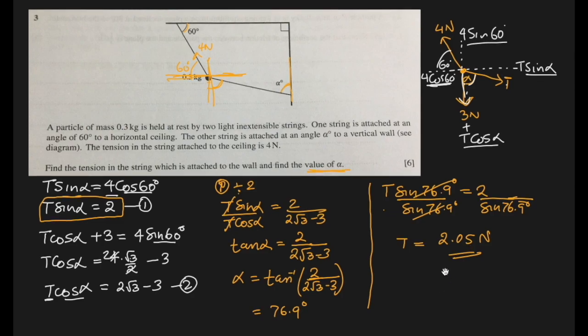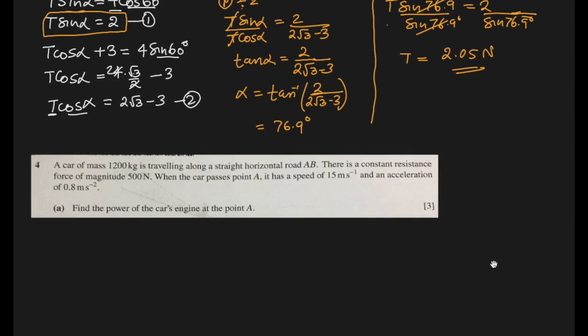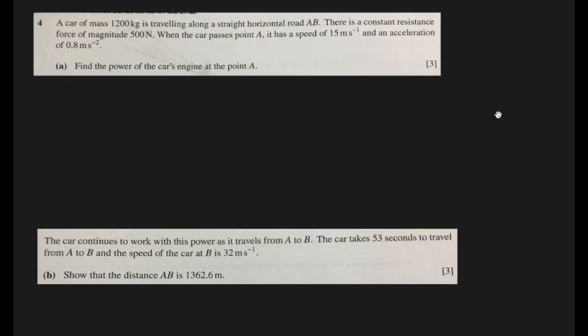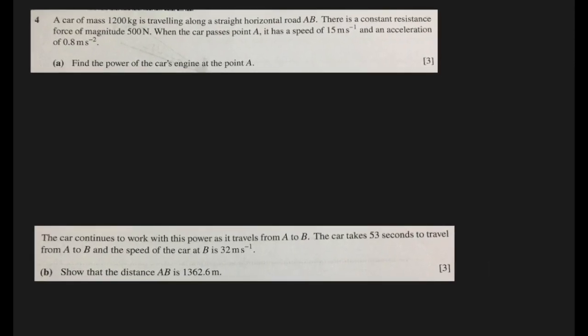All right, move on to question number 4. A car of mass 1200 kg is traveling along a straight horizontal road AB again. They have similar situations. A, B. There is a constant resistance force of magnitude 500 newtons.